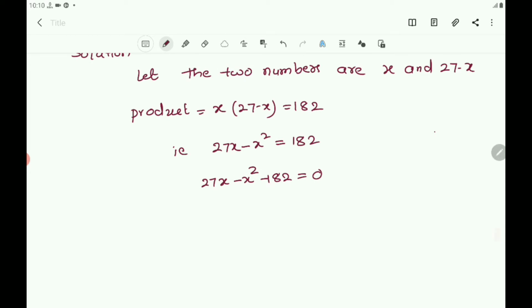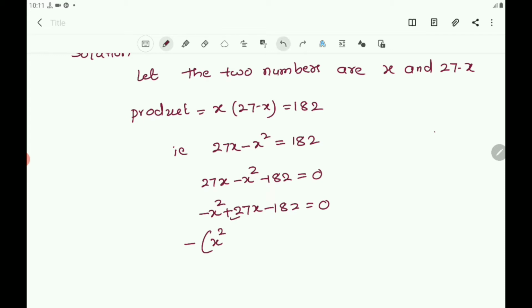Now you write in the order. First you write the square, that is minus x square. Then the next term is 27x minus 182. So you got the standard form of the quadratic equation, but it is better to have the coefficient of x square with the positive sign. So you take minus outside. Here in the bracket you will get x square and the signs change.